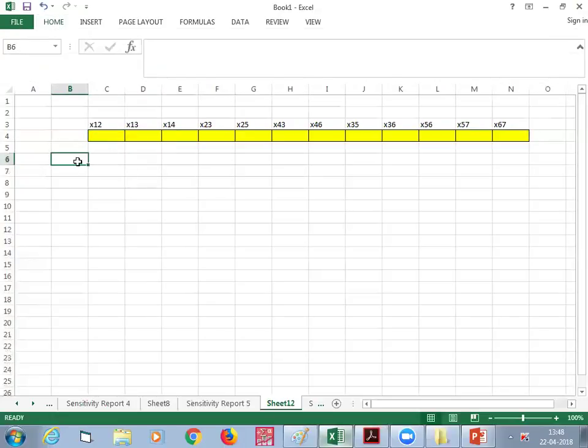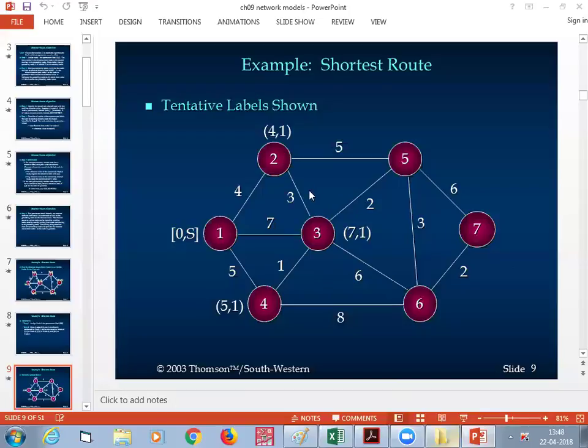And the objective function is minimize the total cost. So total cost is 475, then 35.